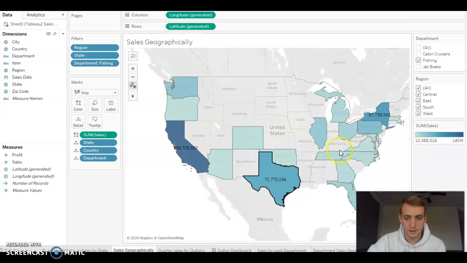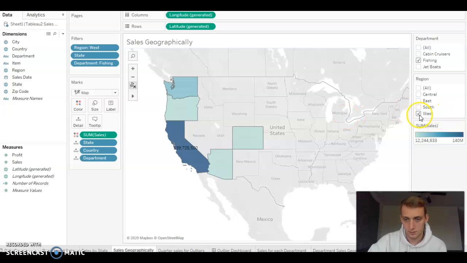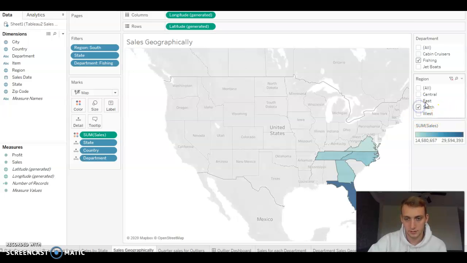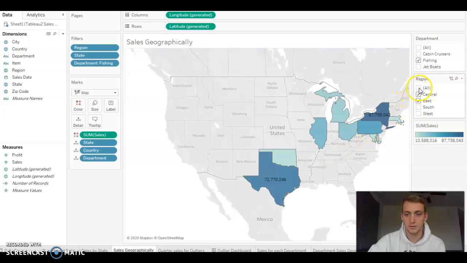You can see that none of these are in the same region. I created a filter here so I could select. You can see in the west is only California. South has none of the highest, and then east, and then central.